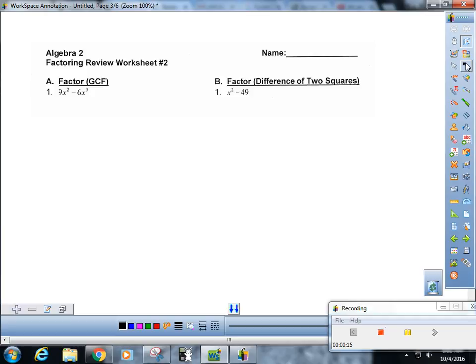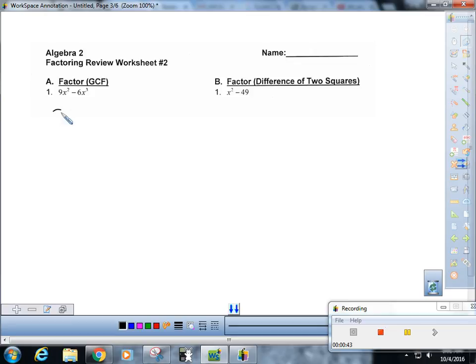Okay, so part of this is just a review of yesterday, because you just got to get used to which method of factoring you use. Maybe you think this looks like a difference of squares. So A, you got to read the directions, but B, 6 is not a perfect square, so that's why it's not a difference of squares problem.